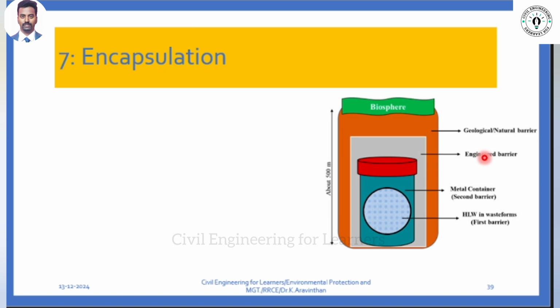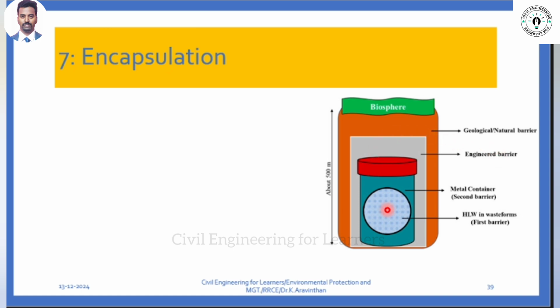What is encapsulation? Radioactive elements, they will capsule by solid. That means concrete. What they do is, they pour concrete around that. How many layers do they capsule? Can you see this is a biosphere? What do you mean by biosphere? It will not get degraded due to the natural environment. Inside that you have a container. This is called engineered barrier. Engineered barrier is a metal container.